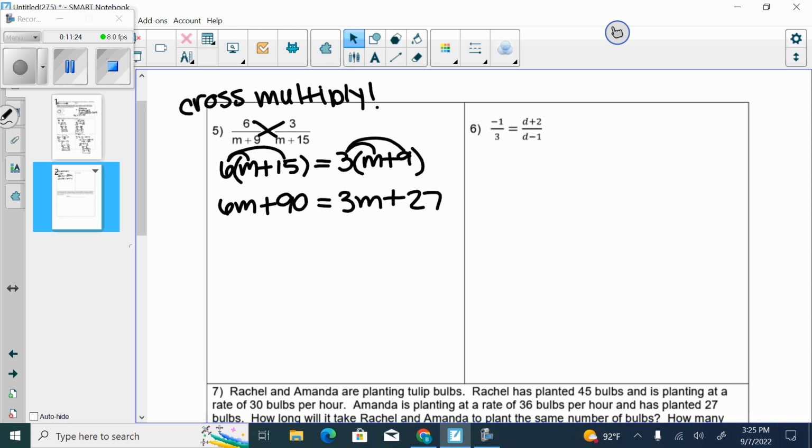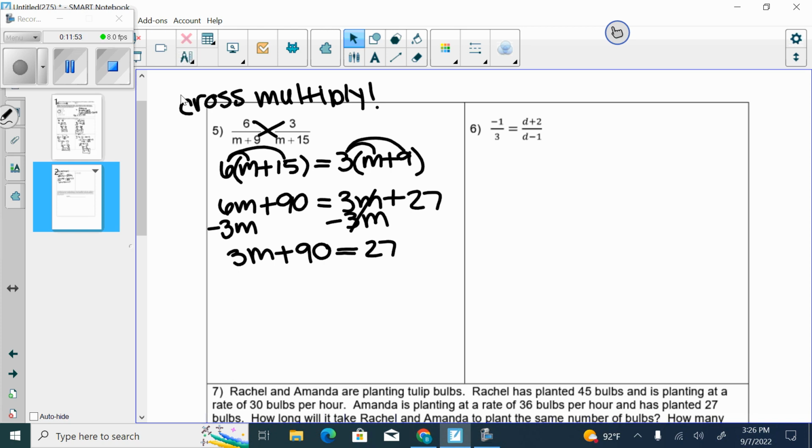Nice. Okay, what do you guys think we should do now? Minus the 3, okay, good. So minus 3m from both sides. What is 6m minus 3m? Nice. So I have 3m plus 90 equals 27.